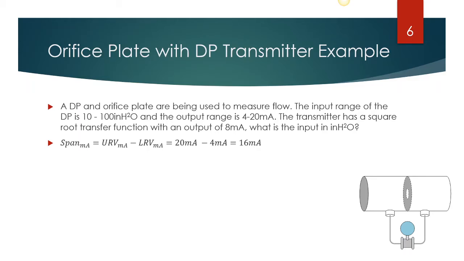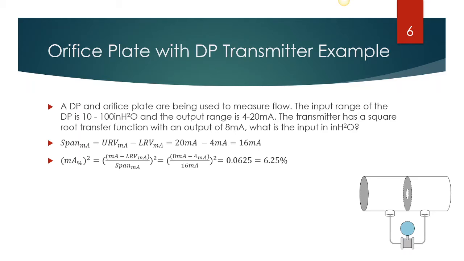So again, we're going to get our span of our output first. Before, remember, we took the square root of the differential pressure, because it varies as the square of the flow through the pipe. So we had to take the square root. Now this is going the other way. We have to figure out what it is in relationship to what we're outputting.